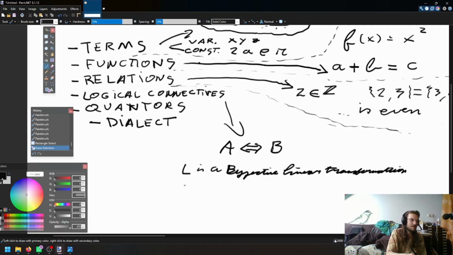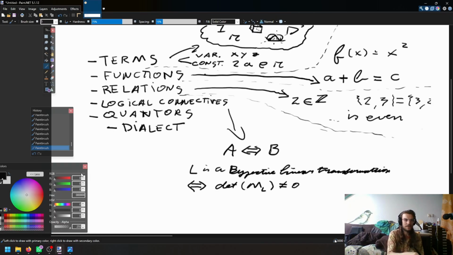And there is a statement within linear algebra, one of the most important ones, that says that the determinant of the matrix representation of L is not equal to 0. And this is an if and only if statement. Don't worry if this all goes over your head, but this top statement says something very general about linear transformations.